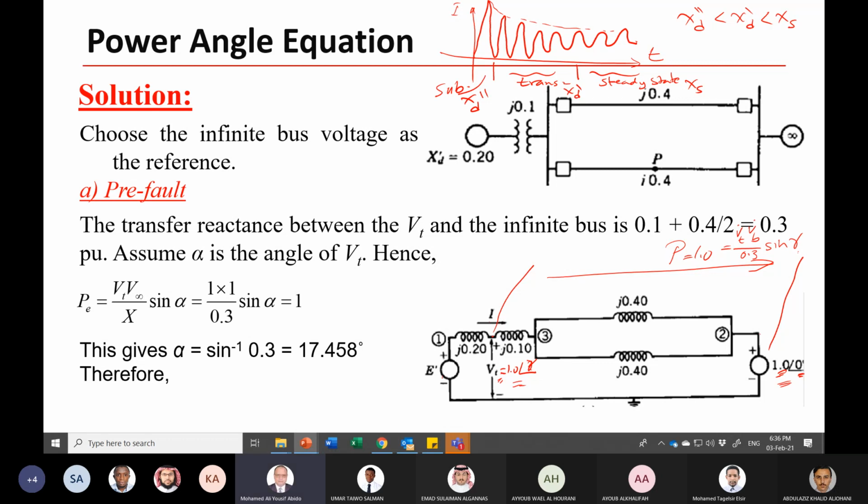If you assume the reactance of the generator as XD prime, is this a conservative assumption or not?